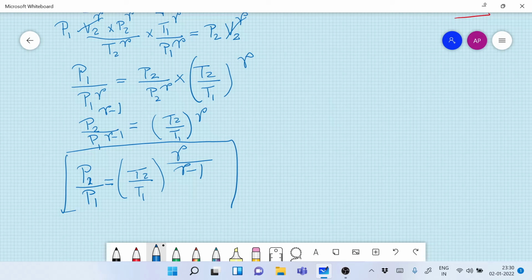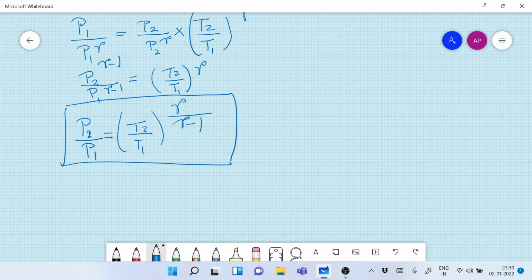So this is one conclusion we get, how we relate the pressures of the process to the temperatures of the process. We can also write T2 by T1 is equal to P2 by P1 the whole raised to gamma minus 1 over gamma.